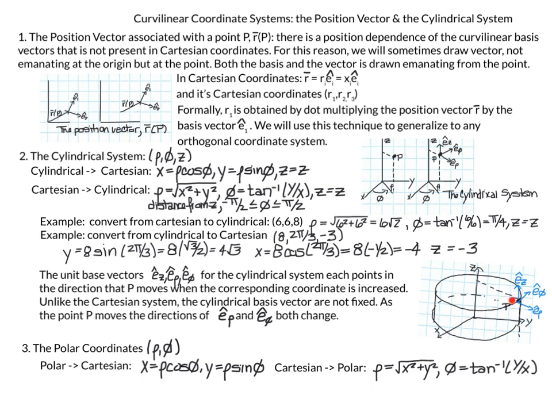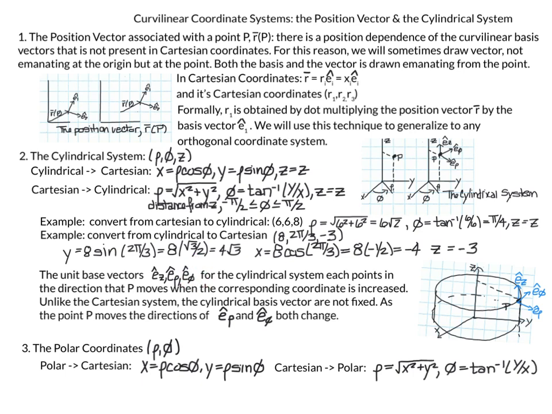So in other words, if you're at a point over here, maybe this is your point P, your basis vector for rho will point in the direction where rho increases. So from wherever you are, it'll point outwards. But notice if your point is over here, your basis vector then is going to point outwards from there. So you can see, depending on where you are, your basis vector for rho will change.